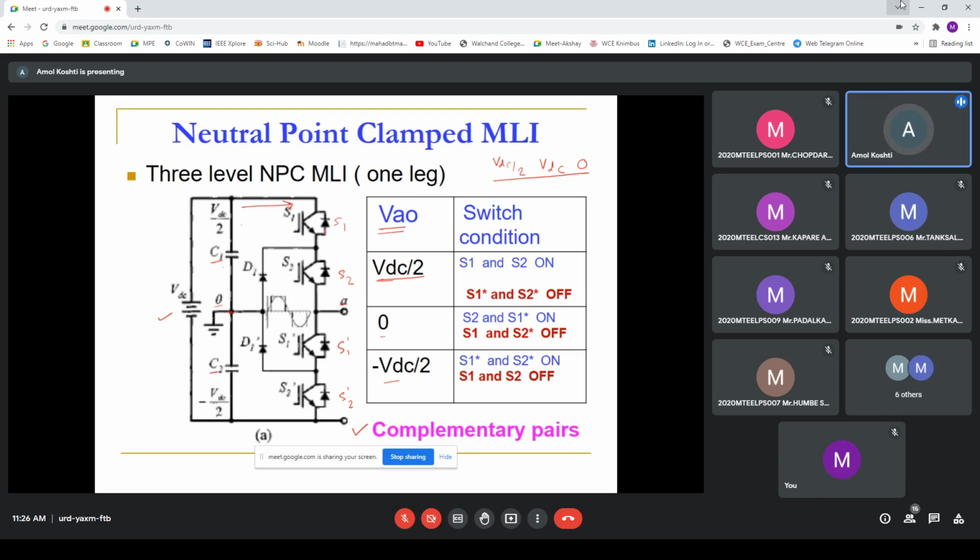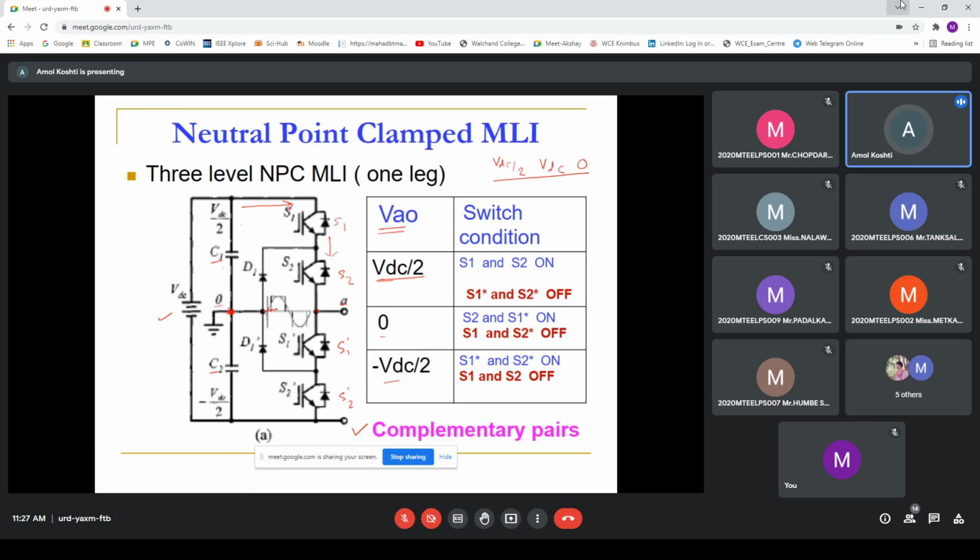As the gate pulse is received by this switch, which can be SCR, MOSFET, IGBT, it can be anything, as the gate pulse is received by S1 and by S2, the current will flow through these switches. It will come to this point, and from this point it will flow through the load and complete the path.